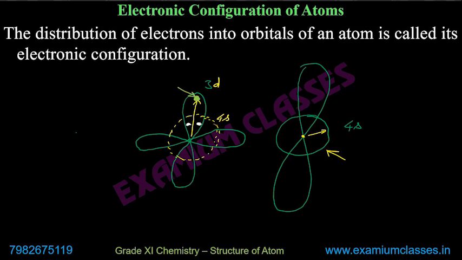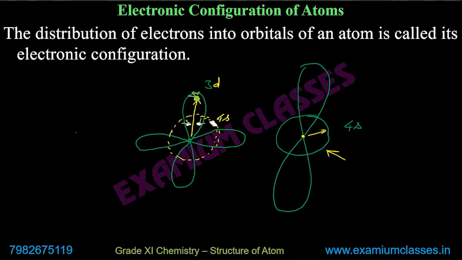This one is 3d. Now these two 4s electrons will shield this electron. Did you get that? We talked about the shielding effect. These will block the force of attraction by the nucleus and make it weaker.